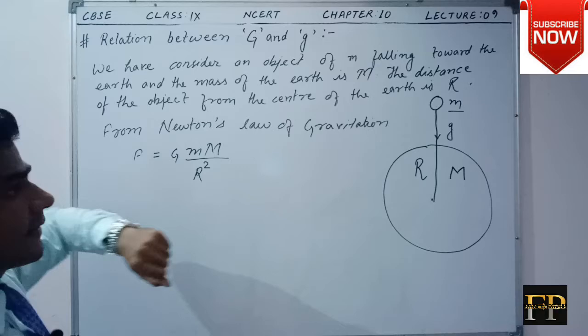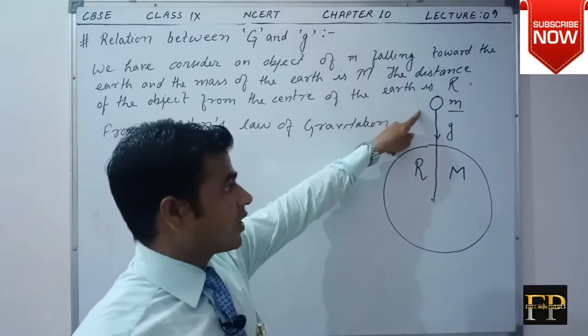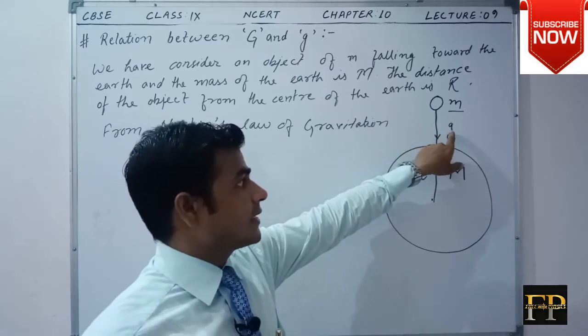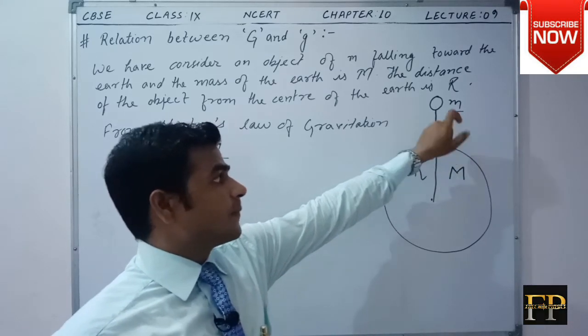We also know that when this object falls under the gravitational force of the earth, the acceleration g is produced in the object.